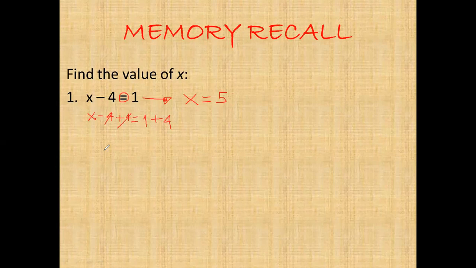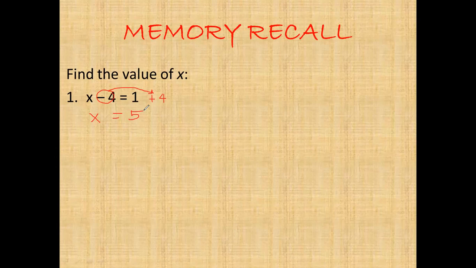So you have now x equals 5. Or, as I've said, you can transpose. Take note, when we transpose, the sign will be changed. Negative becomes positive, positive becomes negative. So if we transpose negative 4 to the right side of the equation, that becomes positive 4, and you have x equals positive 5. Recall that one and keep that in mind.